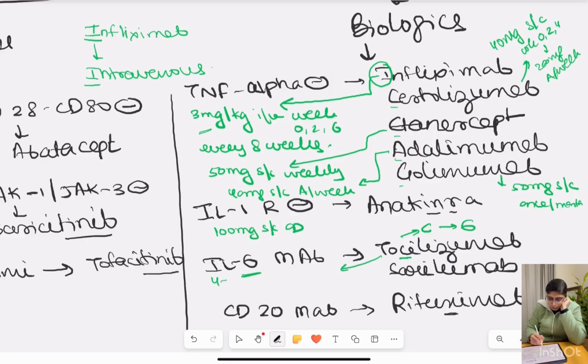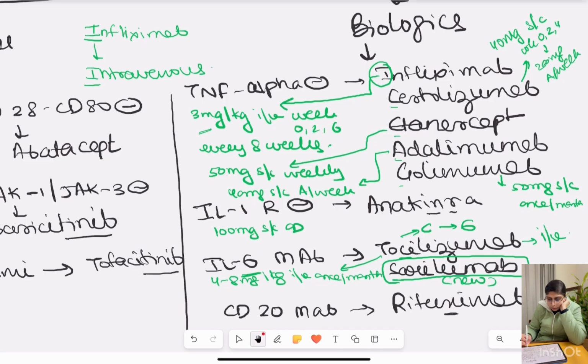The dose is 4 to 8 milligram per kg IV once in a month. Sarilumab is a new agent. You only need to remember the name, you don't have to remember the dose. But tocilizumab, remember IL-6, C for 6, and the dose is IV. So here infliximab was IV, here tocilizumab is IV. Everything else in between is subcutaneous. Please remember that.